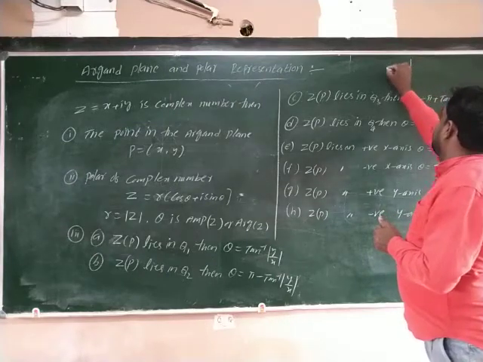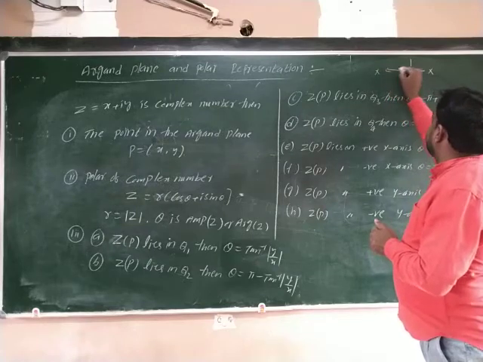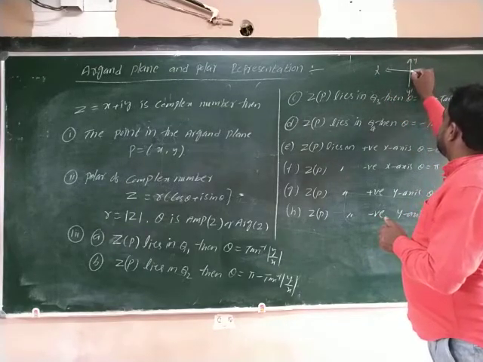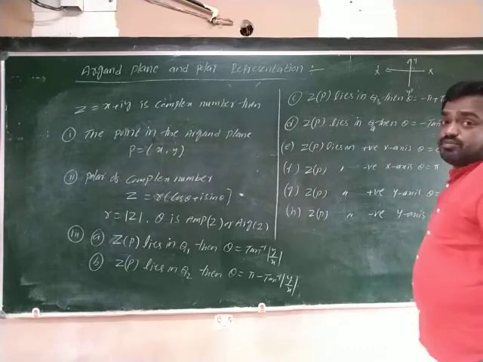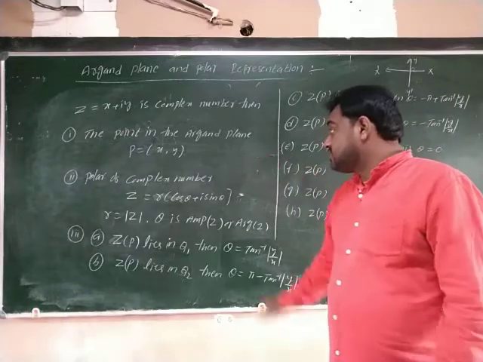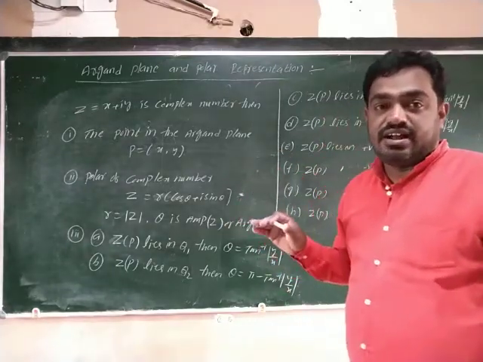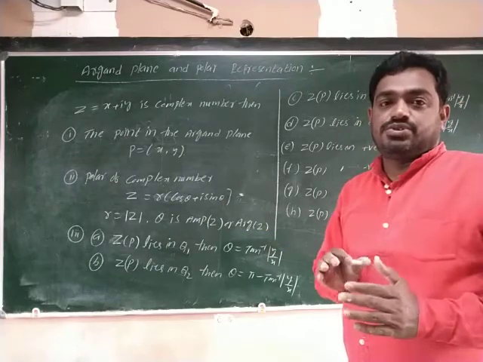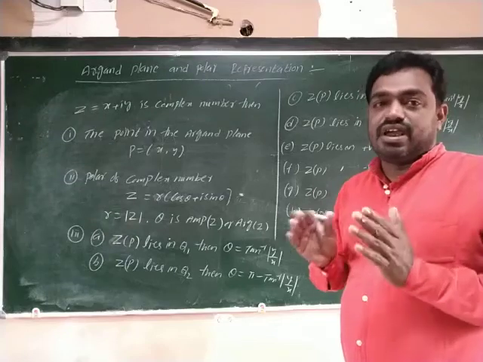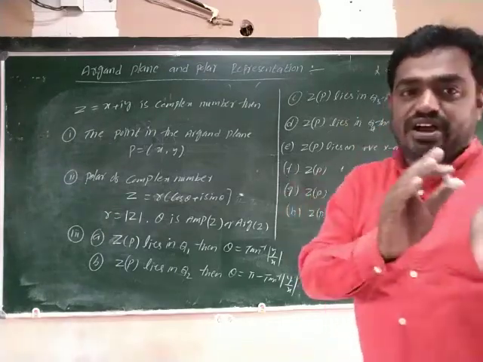You may get a doubt: sir, why are you saying minus pi? For a complex number, the argument or amplitude theta has principal values. Principal values means those which lie in a specified interval.